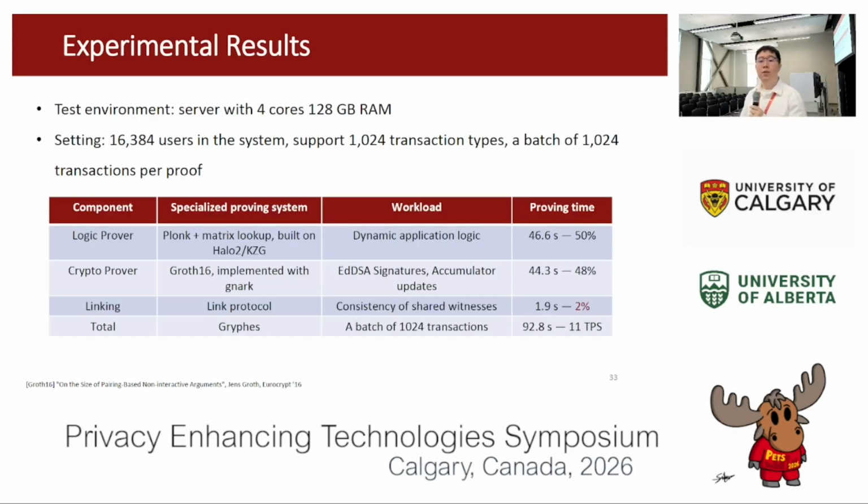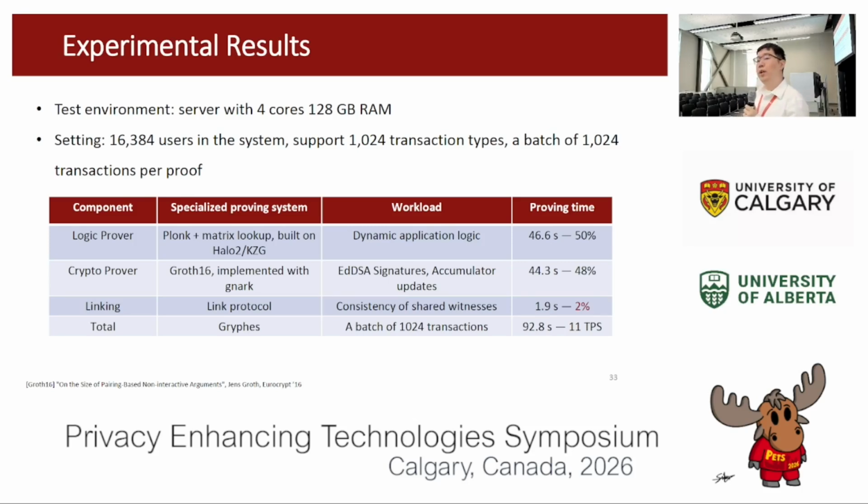So for the logic prover, it can handle the dynamic application logic and takes 46 seconds, about 50% of the total running time. For the crypto prover, we are based on Groth16, and it checks signatures and crypto updates, and it runs for 44 seconds, which is 48% of the total time.